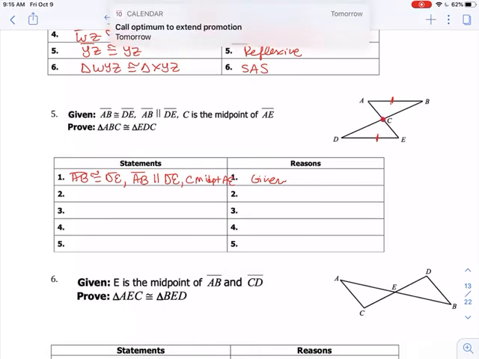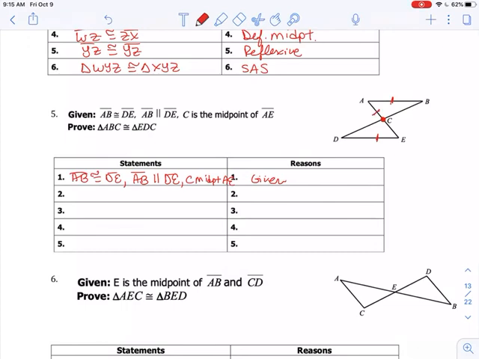Okay, C is the midpoint of AE. It cuts AE in half. See how I'm marking those? Oh, I got to do two things on those. C is the midpoint of AE. It means it cuts AE in half. So I can actually say, I marked it on my picture, but the picture is really just for me.